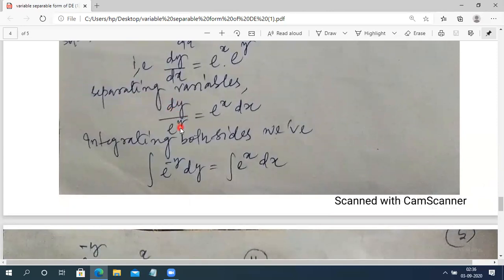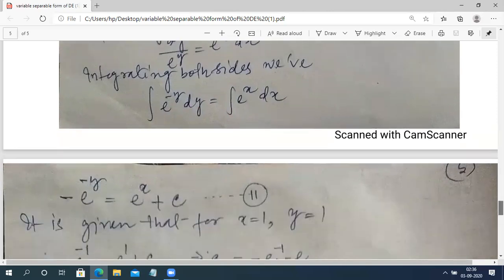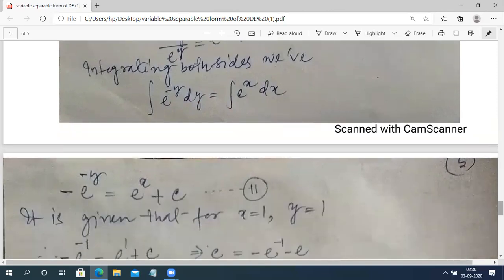When you integrate e to the power minus y with respect to dy, we'll get negative of e to the power minus y, and we'll integrate e to the power x with respect to dx, we'll get e to the power x plus a constant of integration. This is the general solution.